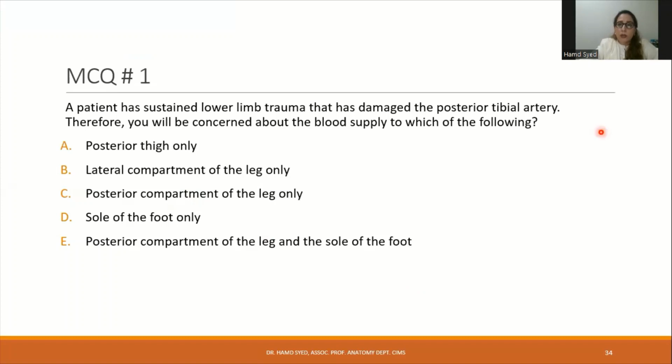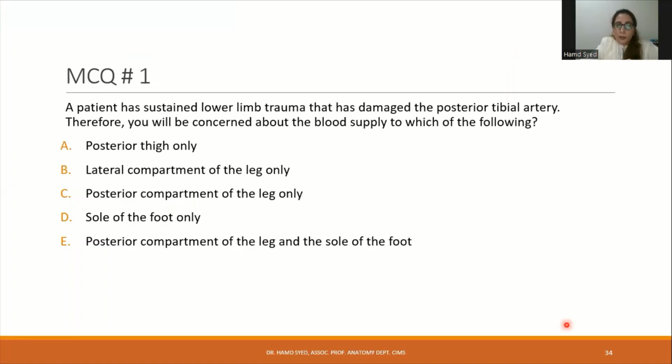Okay, so now here is an MCQ for you. You've got a patient who has sustained lower limb trauma and has damaged the posterior tibial artery. So you will be concerned about blood supply to which of the following regions? So the damage is to the posterior tibial artery. Which region is going to be affected?